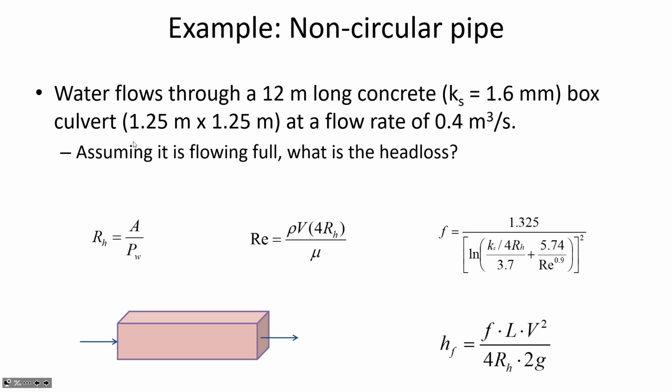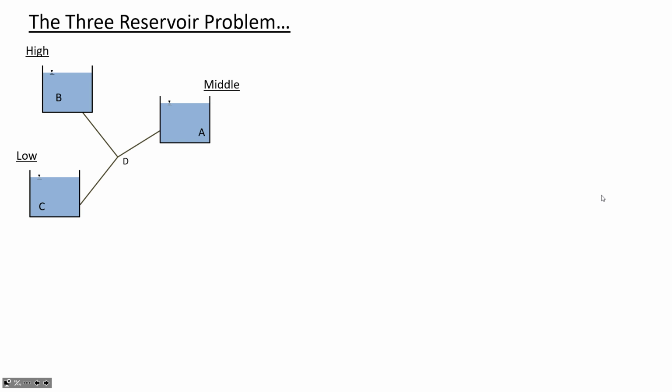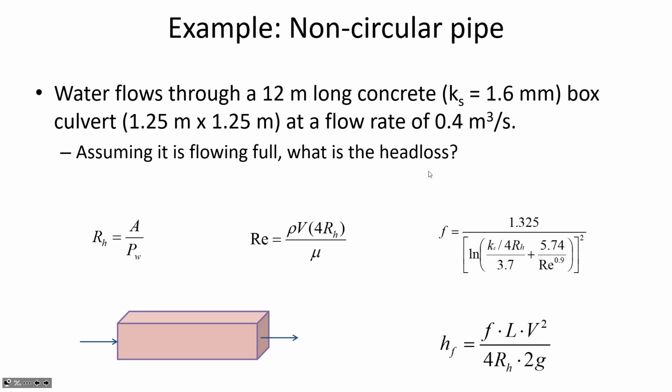Its shape is 1.25 meters by 1.25 meters, and then it has some length, not specified, but we don't need to know it in this case. Oh, actually, we would need to know it. Does it say what the length is? 12 meters long. Okay, there it is, right in the problem statement.